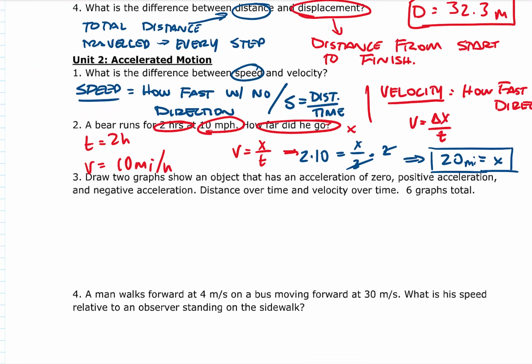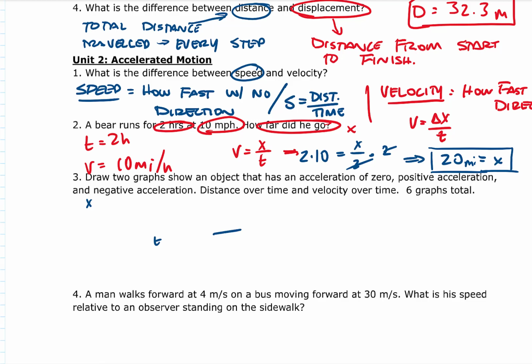Draw two graphs that show an object that has an acceleration of 0, positive acceleration, and negative acceleration. Distance over time and velocity over time. 6 graphs total. Okay, so we're going to do position versus time and velocity versus time.